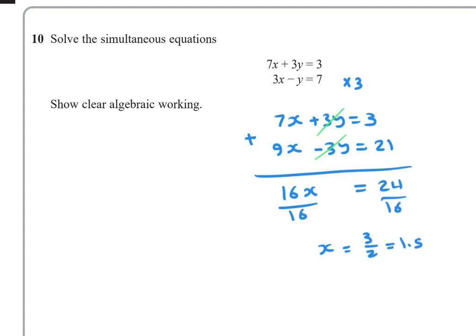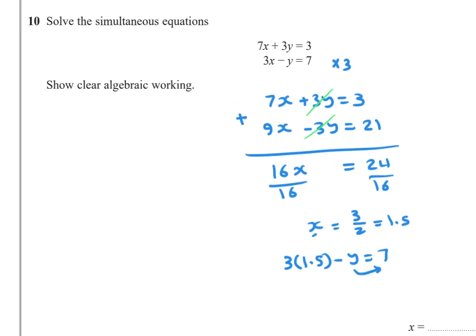Now x equals 1.5, you can substitute to find y. If we substitute x equal to 1.5 in the second equation, so 3x be 3 times 1.5 minus y equals 7. So transpose negative y to the other side and 7 to the left hand side.